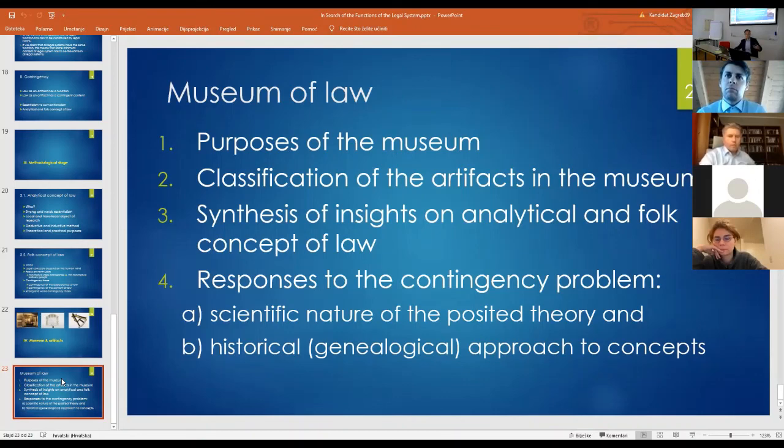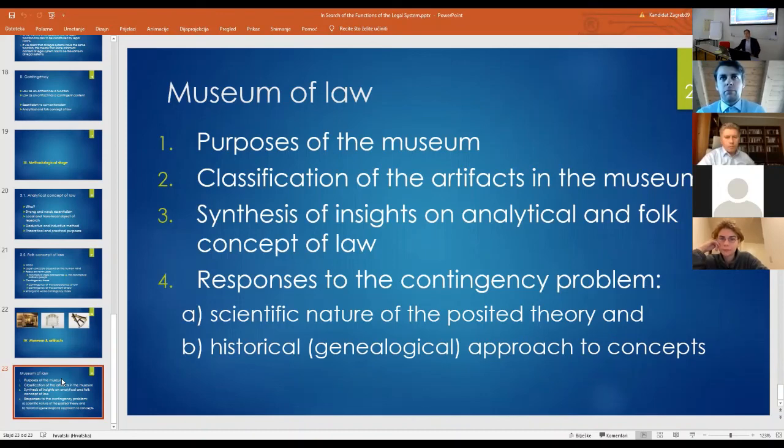We think that there is a scientific nature of the theory proposed, and that means that it should be falsifiable. The possibility of falsification should be there, so you cannot claim something and not have the possibility to refute it, to clash that theory and to prove that it is a wrong theory. If you have these kinds of theories, they are not scientific.